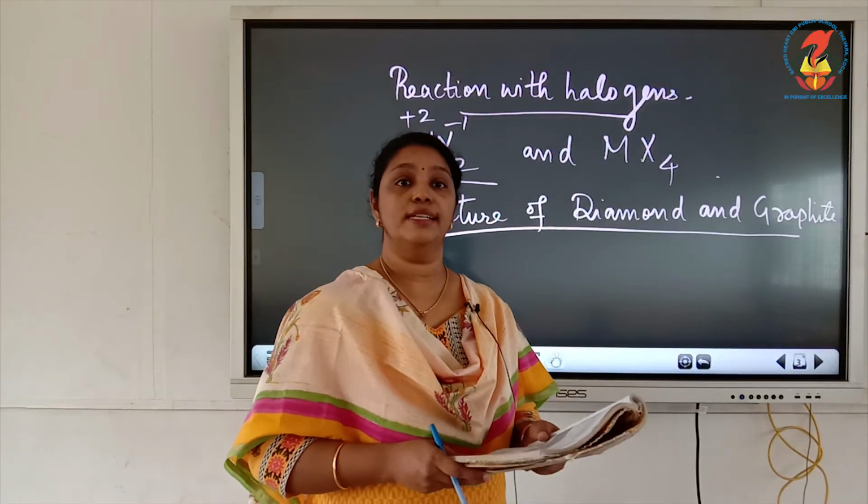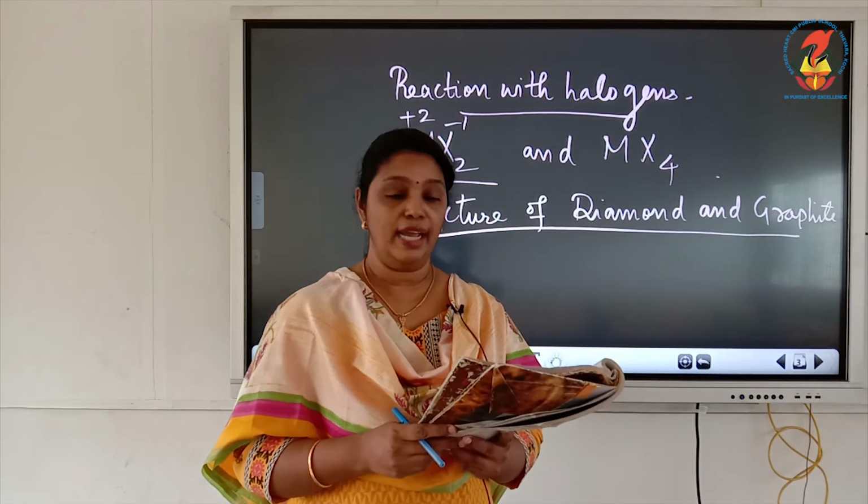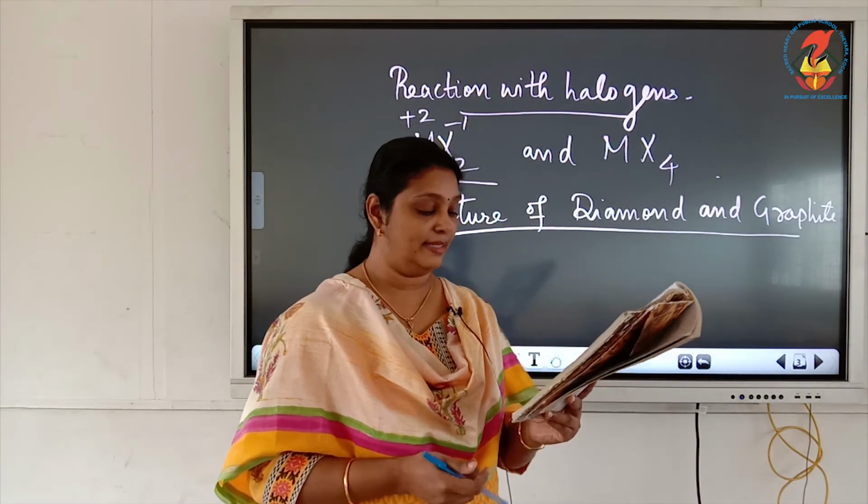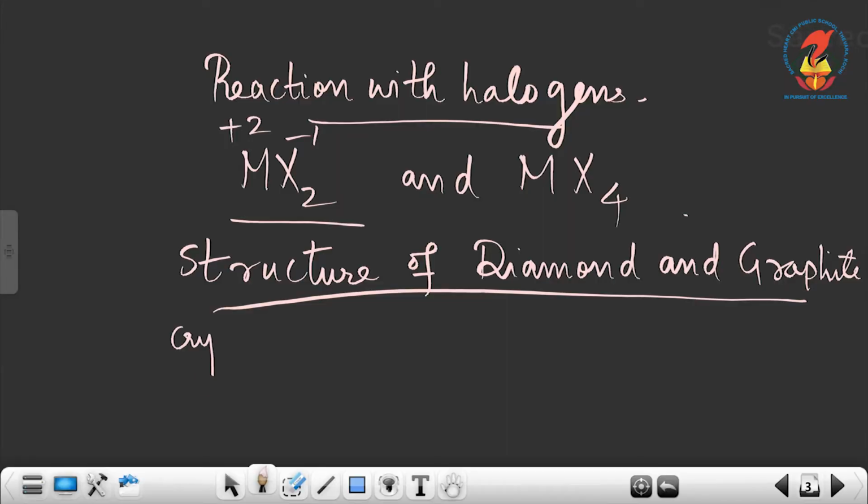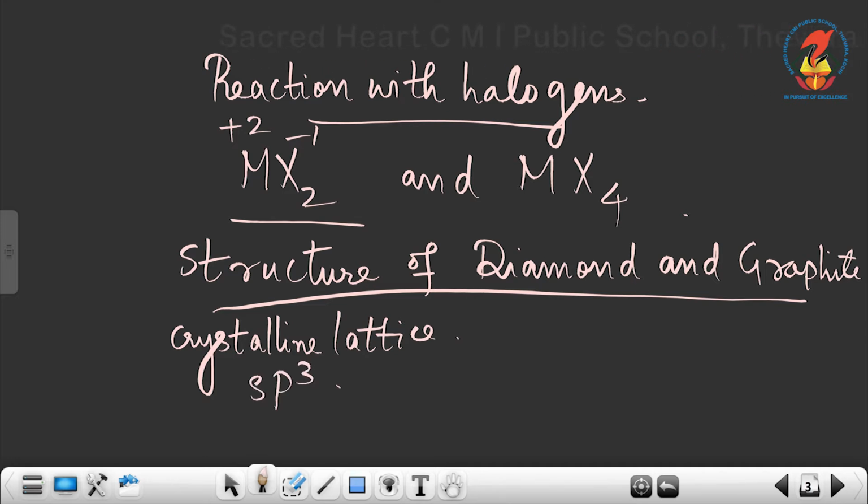Diamond has a crystalline lattice, and in diamond each carbon atom undergoes sp3 hybridization, and it is linked to 4 other carbon atoms in a tetrahedral arrangement.